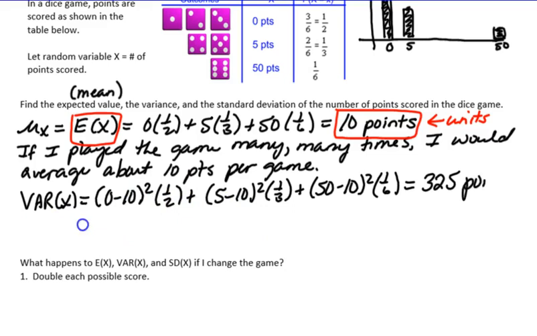This ends up being points squared, which doesn't really help us when we talk about spread, because we would like our spread to be in the same units as our regular variable, which is points.